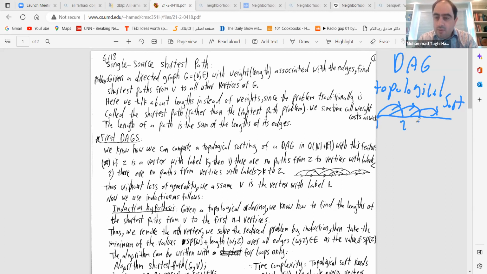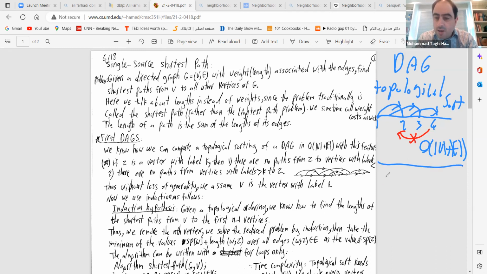So 1, 2, 3, 4. And so there is no edge like this in the graph. No such edge in the graph. And this 1, 2, 3, 4 might be different from the IDs of the vertices that are given to you. You want to find this order such that this happens. And we discussed that the running time of this algorithm would be indeed order V plus E. V the number of vertices, E the number of edges.